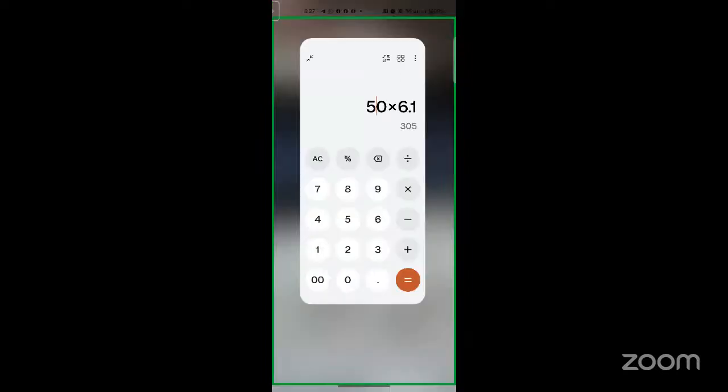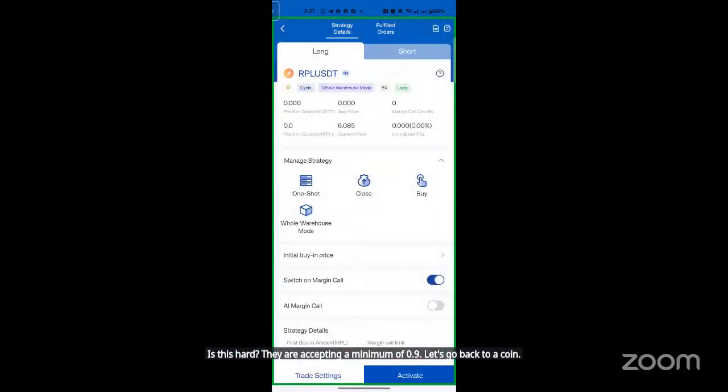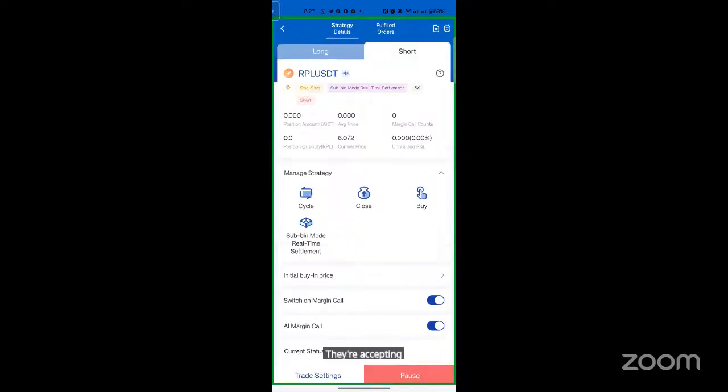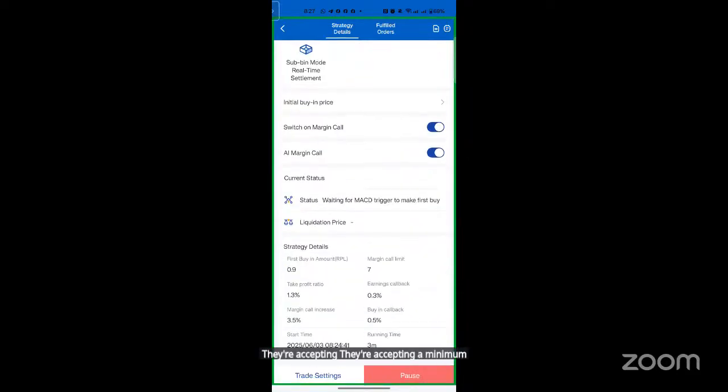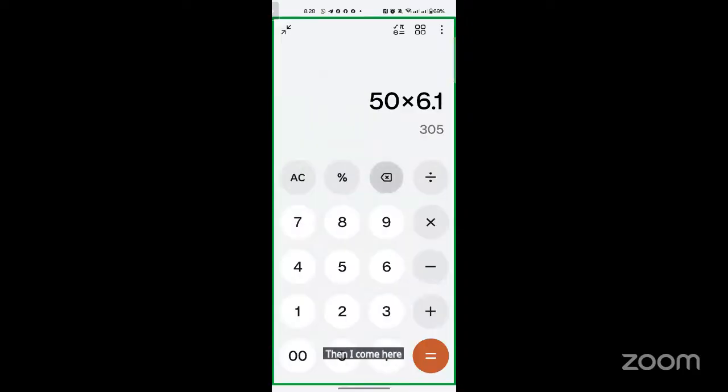They are accepting a minimum of 0.9. Let's go back to a coin. They are accepting a minimum of 0.9 as the first buying amount. I find out what is the price of this coin, 0.9. Then I come here. You see, guys, 0.9.